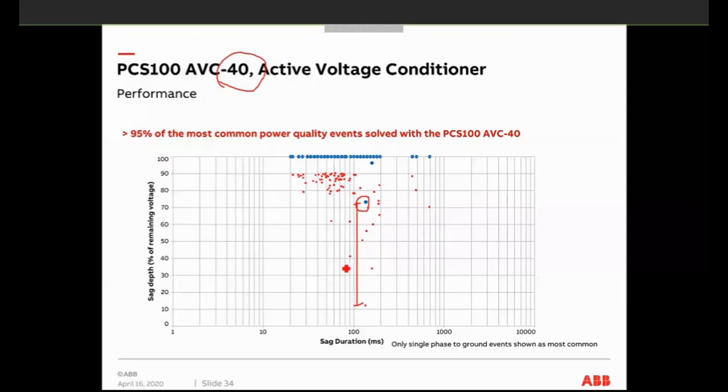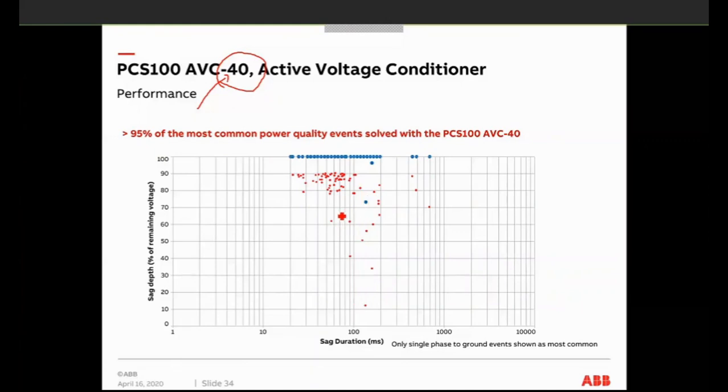Okay, so from let's say this is 12% and we were able to leave it at 75%. That is actually 60% voltage correction. But on paper we can guarantee only 40. Okay, but this is the actual performance of our product.